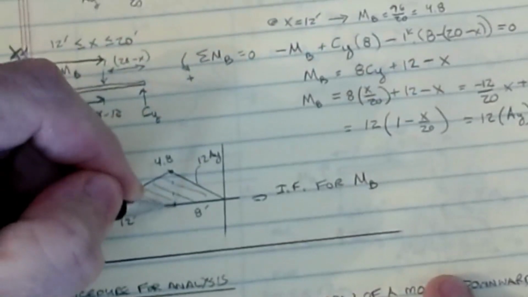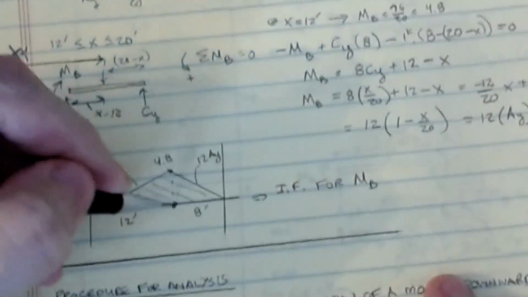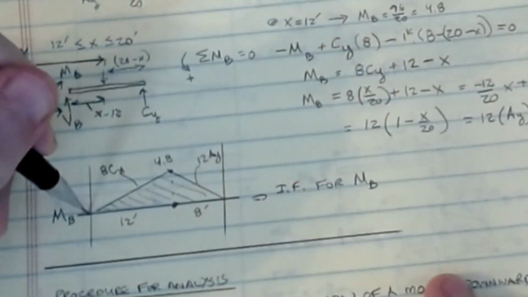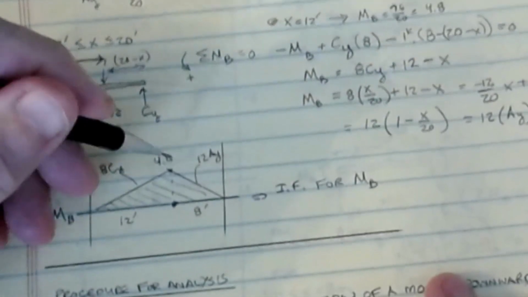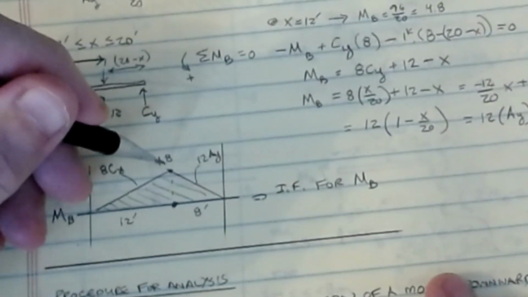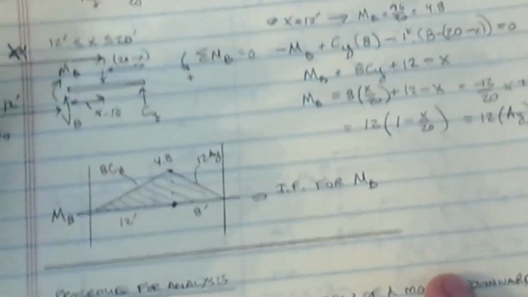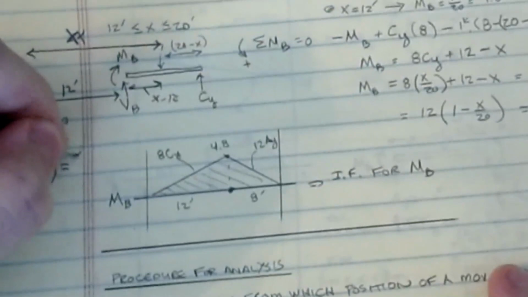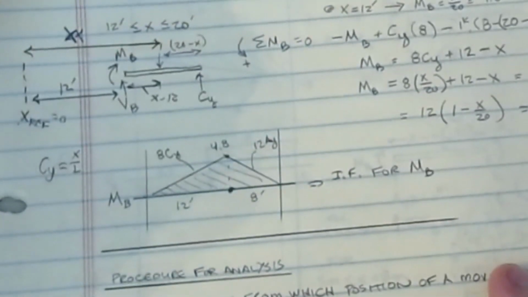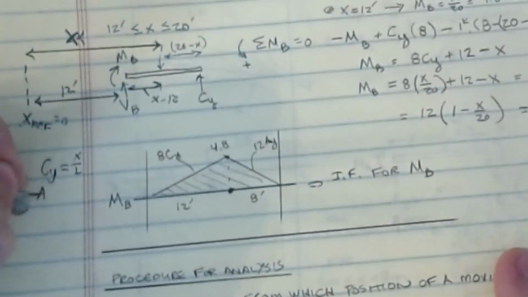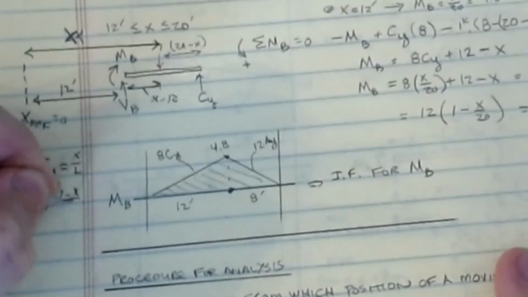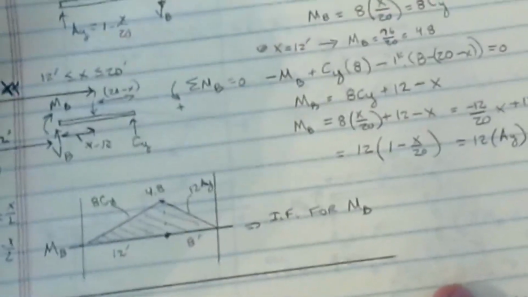So again, we're looking for the influence for the moment at B, which was at this location. From 0 to 12, it had a value of 8 times CY, which again, CY was x over L. Okay, and then we know that AY is 1 minus x over L. That's how we came up with these.